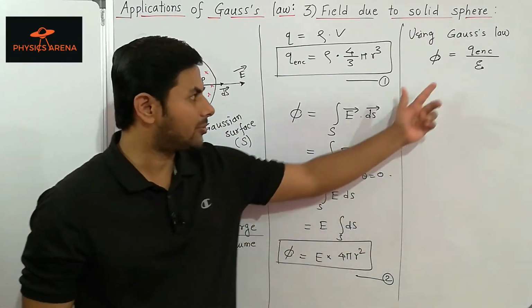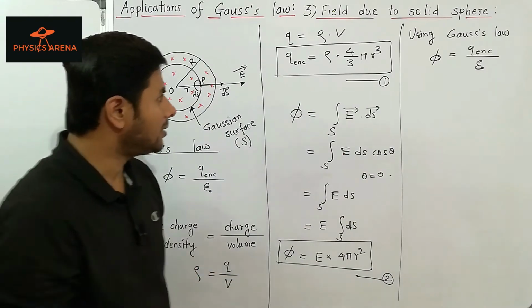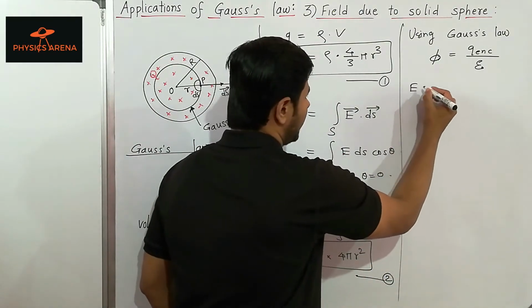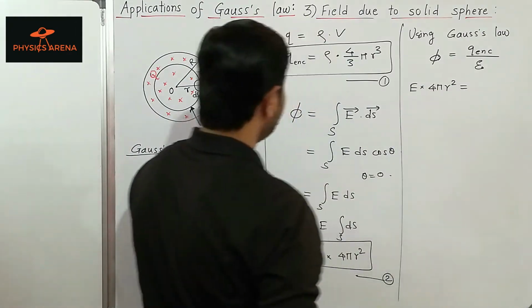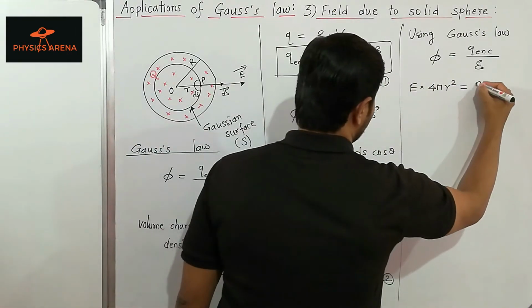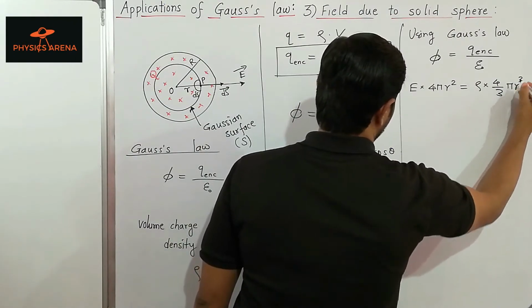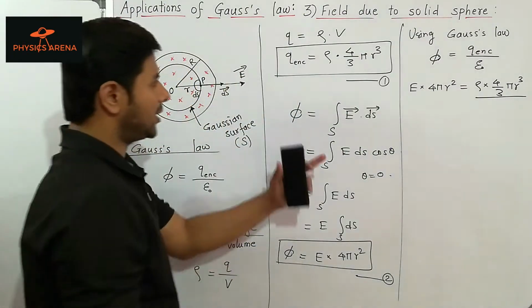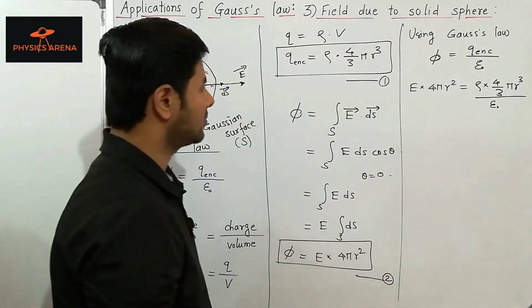So let us substitute that in Gauss's law. So phi is equal to E multiplied by 4 pi r square, and that is equal to the charge enclosed, which is rho multiplied by 4 by 3 pi r cube, divided by epsilon naught.